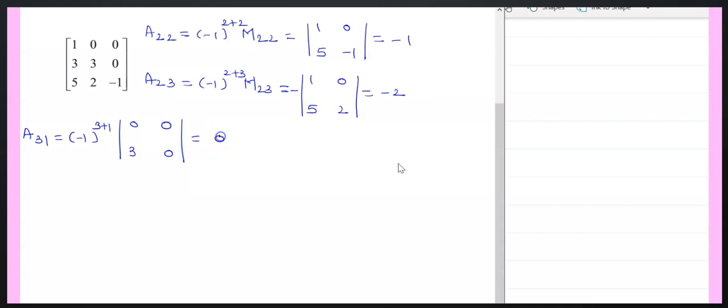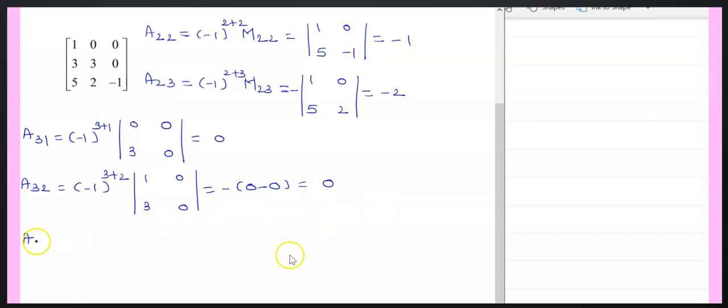That is A31, 0, 0, 3, 0. A32. Therefore, 1, 0, 3, 0. Therefore, you will get 0. A33. Minus 1 raised to 3 plus 3.